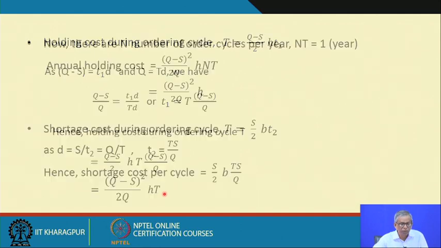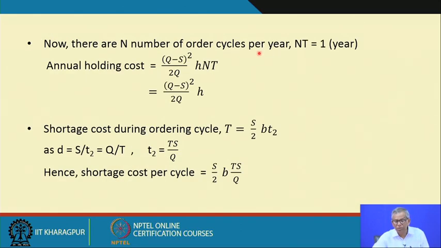Next, there are n number of order cycles per year, so obviously n into capital T equals 1. The one year consists of n order cycles, and each order cycle is capital T time period. So n into T equals 1 year. Annual holding cost will be (Q minus S) square by 2Q, H into NT. So NT is equal to 1, and ultimately you have this expression for the annual holding cost.